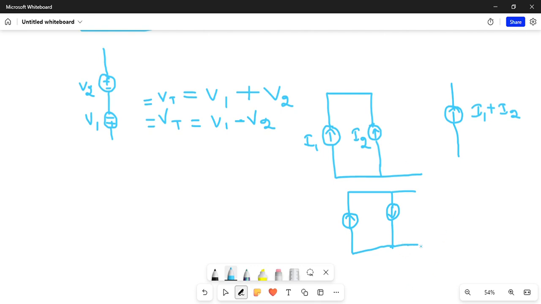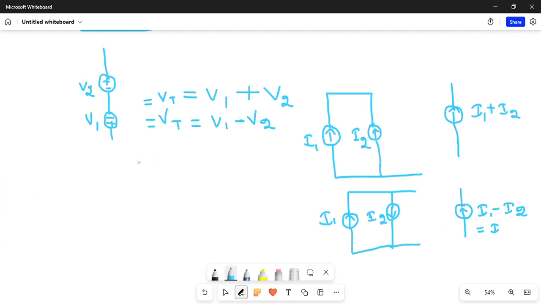The total I is equal to I1 minus I2, where we write the highest one first. This is what I was about to tell you.